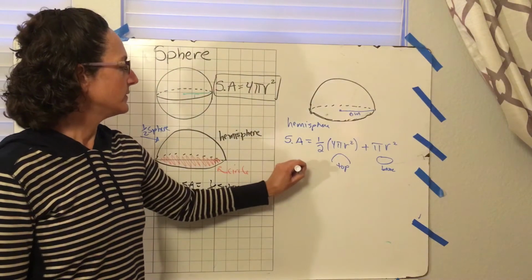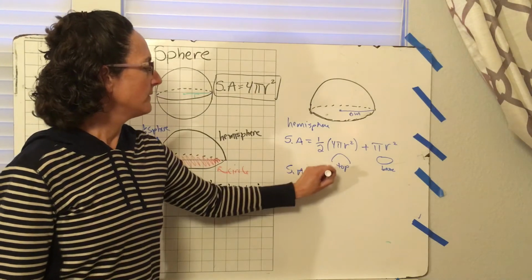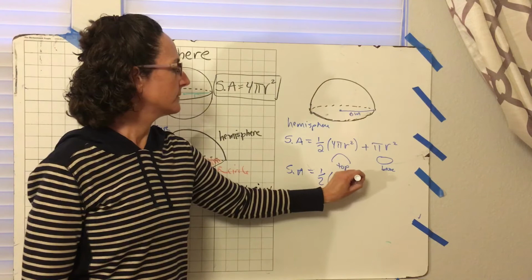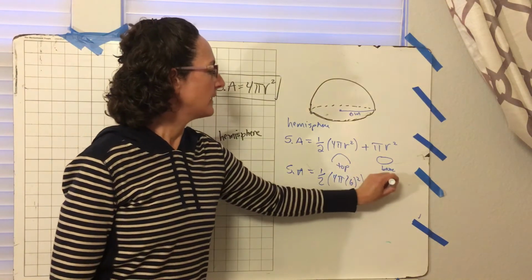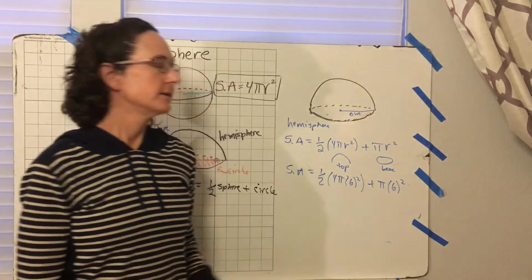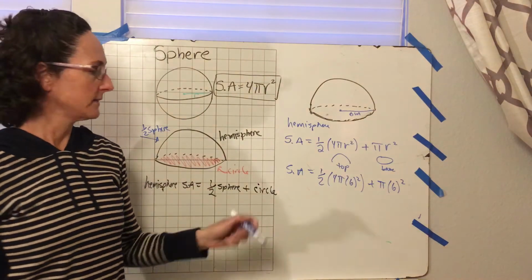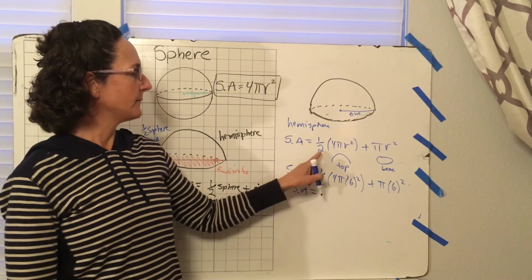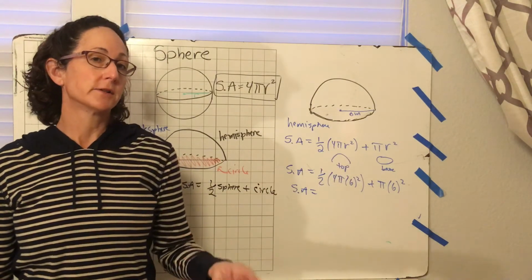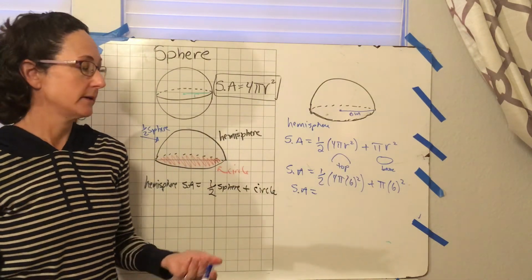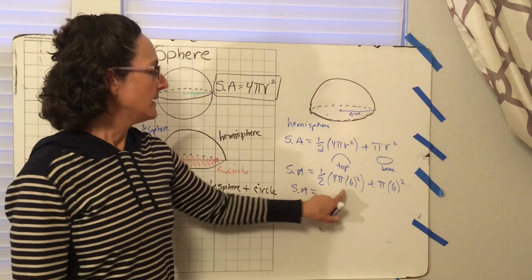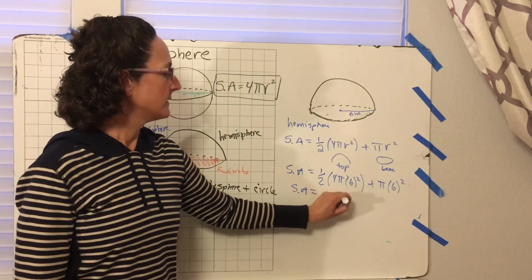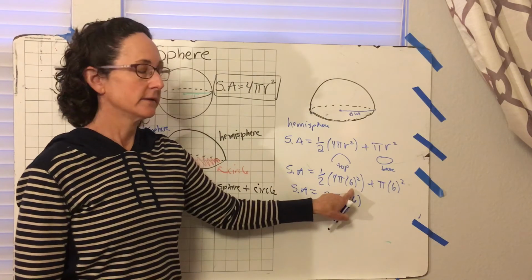So all you have to do is fill in the radius. So 1/2 times 4 pi times 6 squared, plus pi times 6 squared. Every time I saw an r, I just plugged in a 6. And this is going to happen every time: when you take half of 4 pi r squared, you get 2 pi r squared. So half of 4 is 2, pi times 36, because I squared the 6.